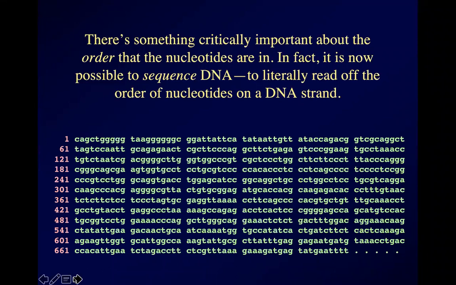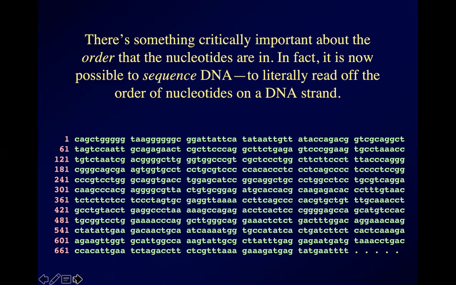The order isn't random. The order actually carries information. And since the early 90s, it's been relatively simple, if you've got the right equipment, to take a piece of DNA and literally read off the order of nucleotides on a DNA strand.